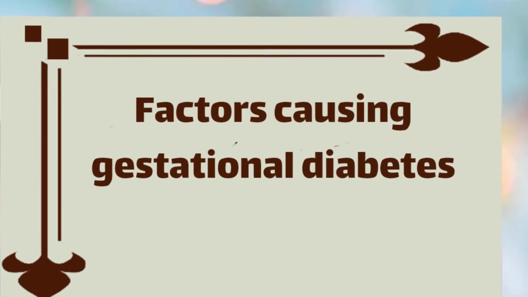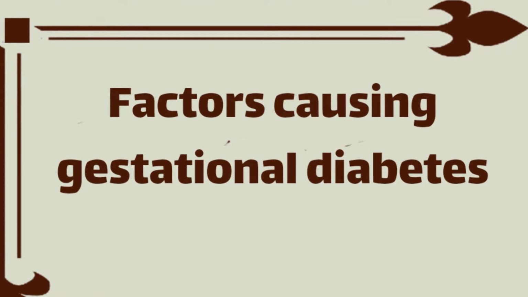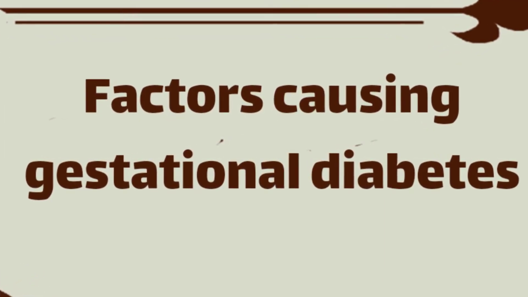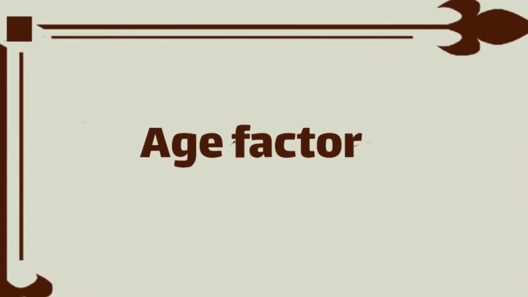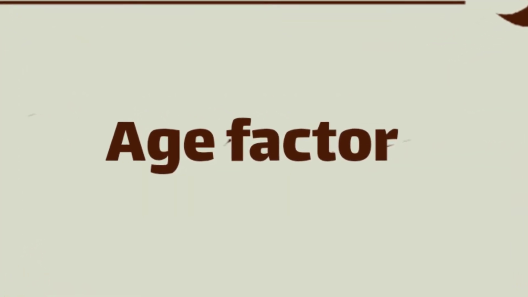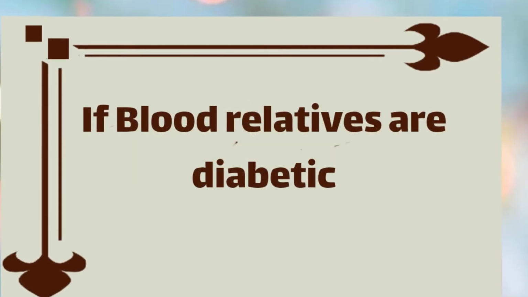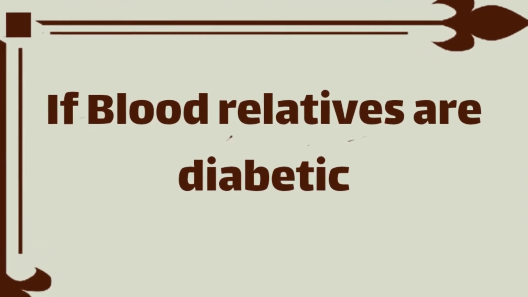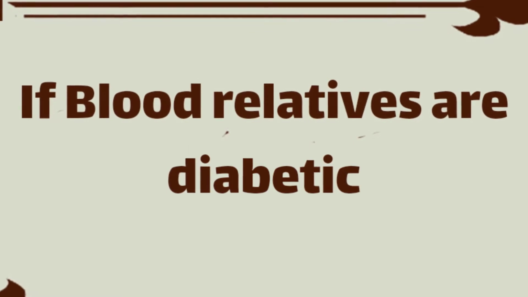Factors causing gestational diabetes. Some factors can cause gestational diabetes, and you have to know these factors. Number one is the age factor. If you are above 25 years old, then there is a greater risk of gestational diabetes. If blood relatives are diabetic, for example, your parents or some close relatives, then there are chances that you will be gestational diabetic.